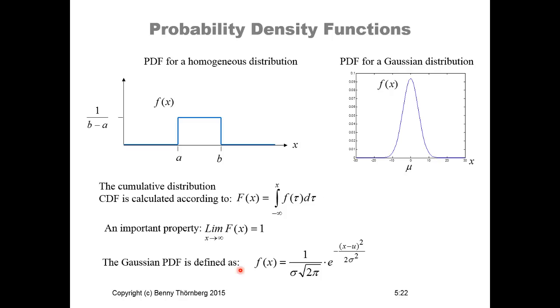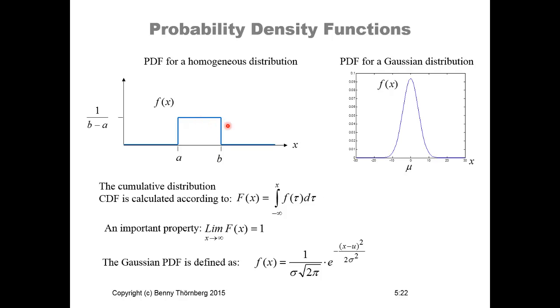The probability density function is used to describe the probability for a signal to have a certain value, for having a certain value within a certain range, and for all values. So for all values between a and b in this case, for each one of the values there is an assigned probability. And this is a homogeneous distribution, which means that all the possible values that can occur will all have the same, constant probability.